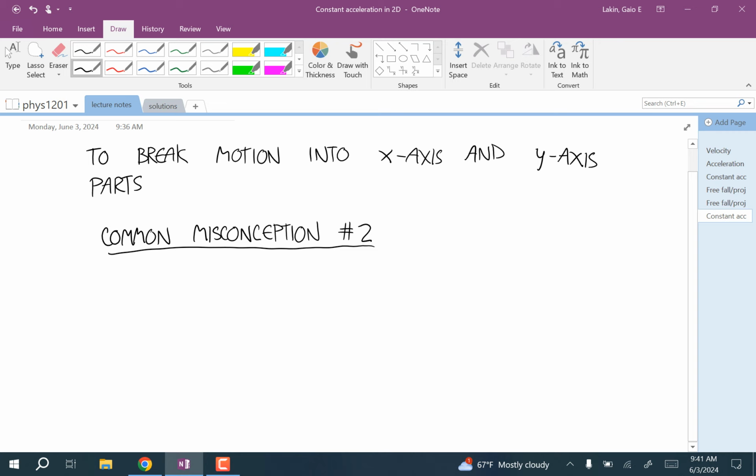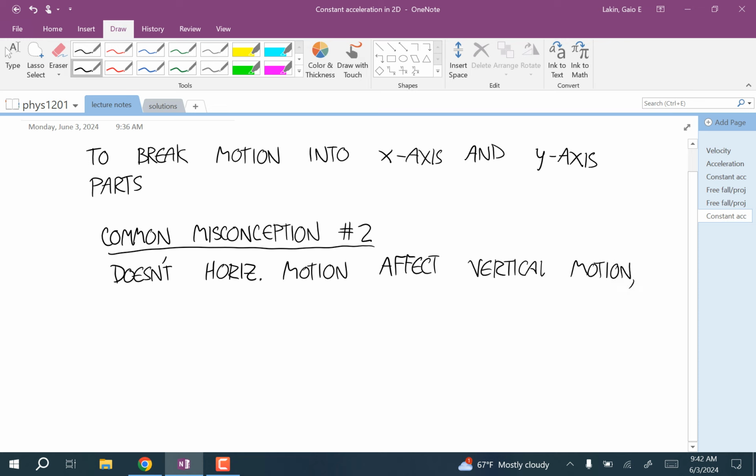That is, doesn't the horizontal motion of an object affect its vertical motion and vice versa?